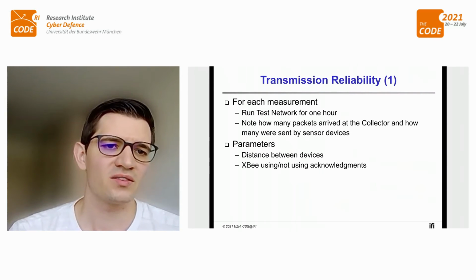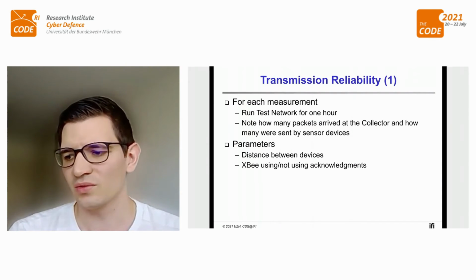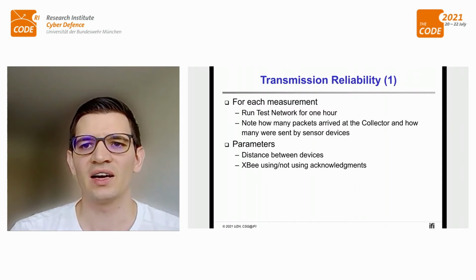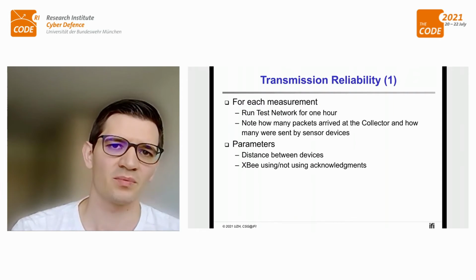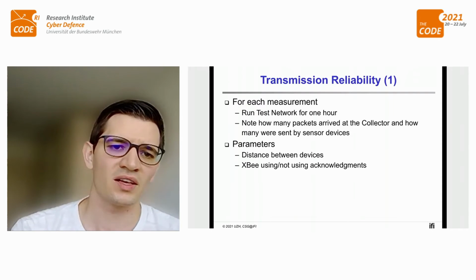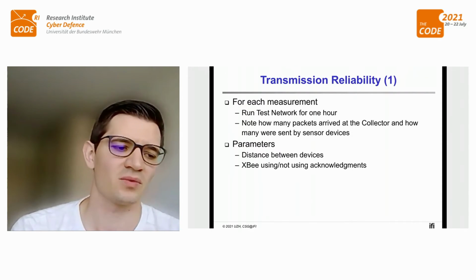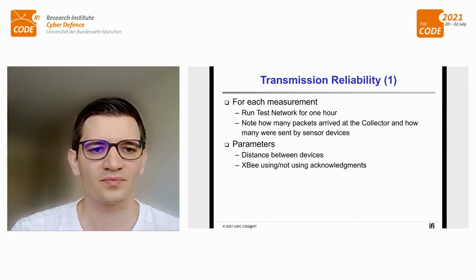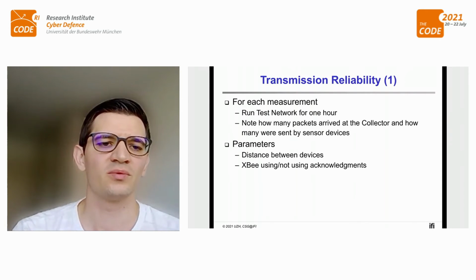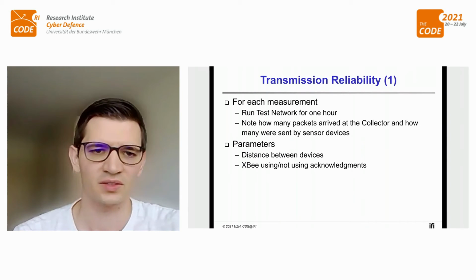Between the measurements, we varied some parameters. One was the distance between the devices. So, for example, if the end devices are at a distance of 1 meter to the concentrators, or for example, 5 meters. And the other parameter was whether the XPs were using acknowledgements or not.